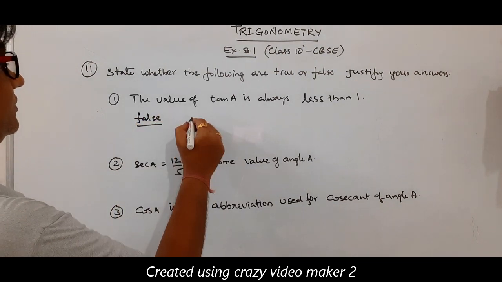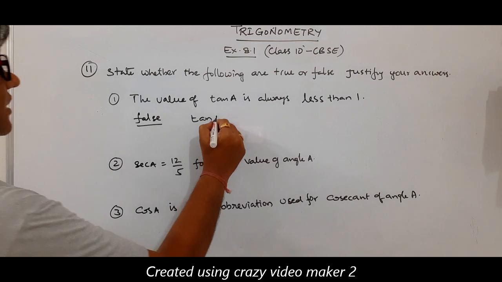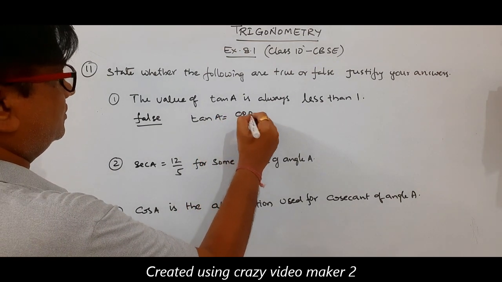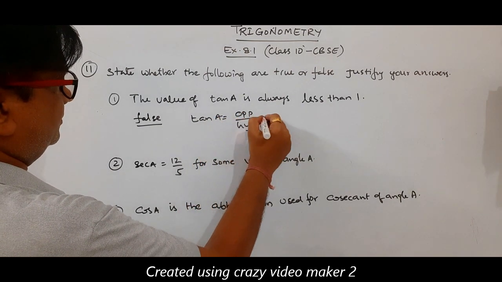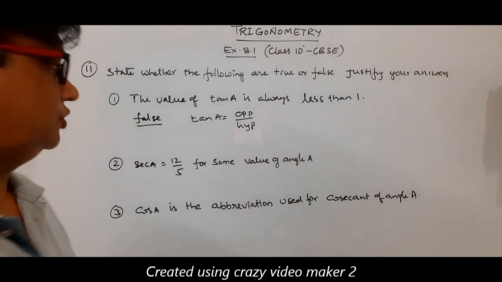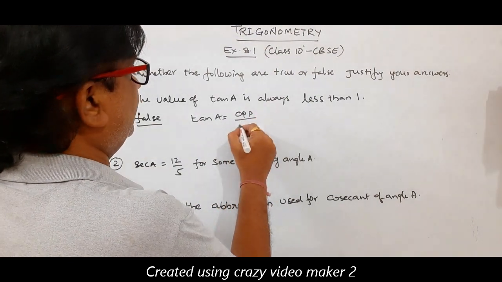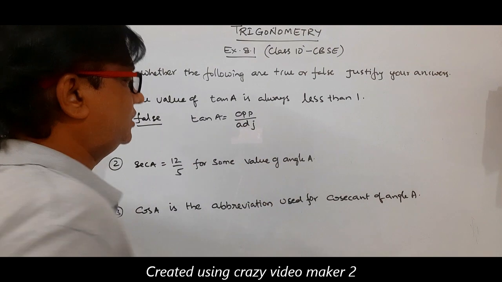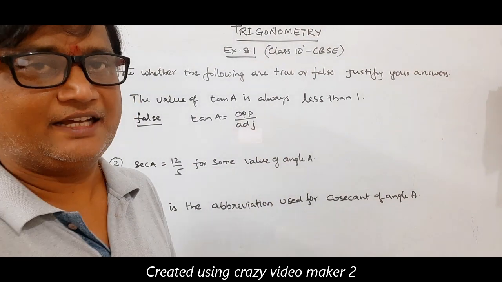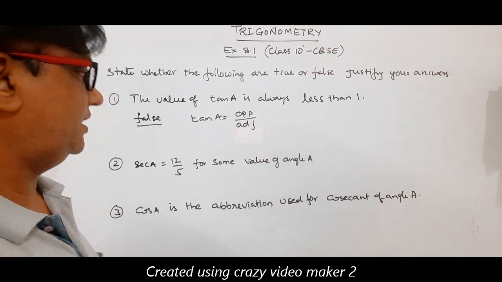Why does this happen? What is the meaning of tan A? Tan A equals opposite by adjacent.